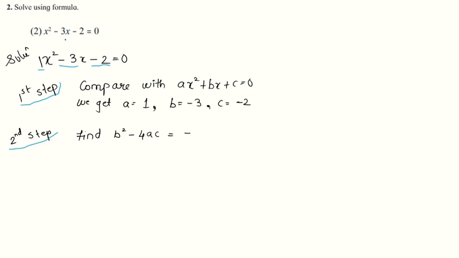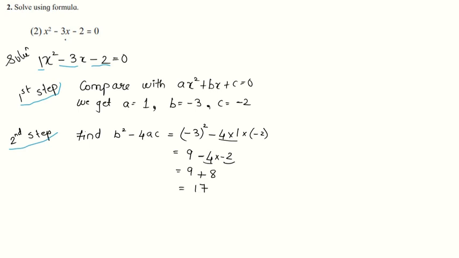B is minus 3, square of minus 3, minus 4 into a is 1 into c is minus 2, is equal to 3 square is 9, minus 3 into minus 3 is plus 9. Okay, minus 4 into 1 is minus 4, into minus 2. So it is 9 minus 4 into minus 2. Minus into minus will give us plus, 4 twos are 8, and 9 plus 8 will give us 17.